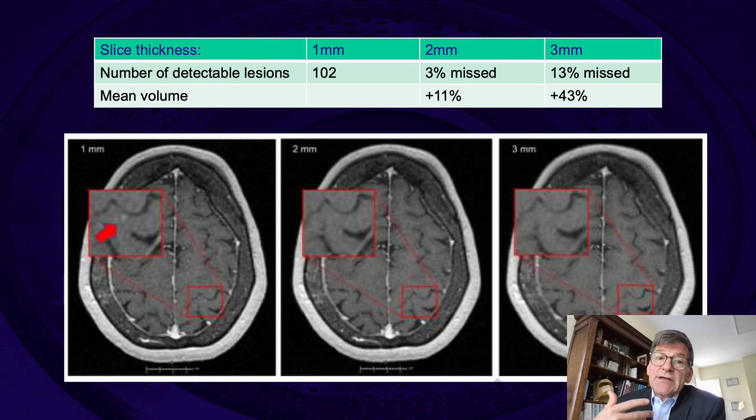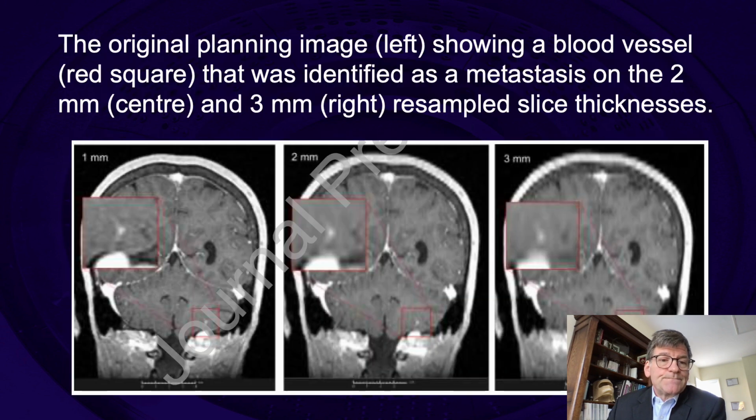So that's because you get an enhancement of the partial volume effect, and that will increase the apparent volume of your target. Here's another example where actually a blood vessel seen on the 1mm slices was misinterpreted as a metastasis on the 2 and 3mm slices.